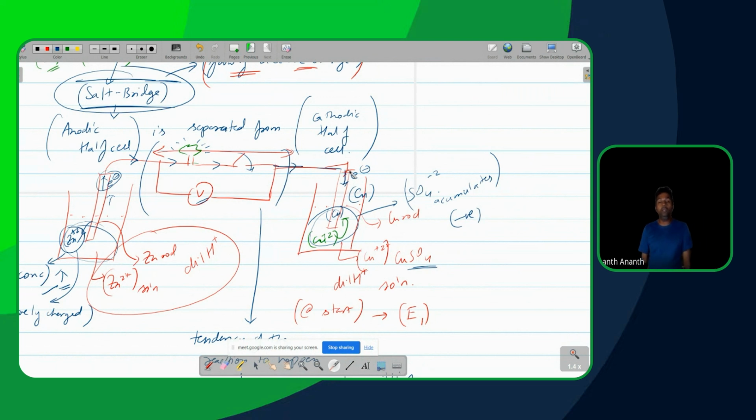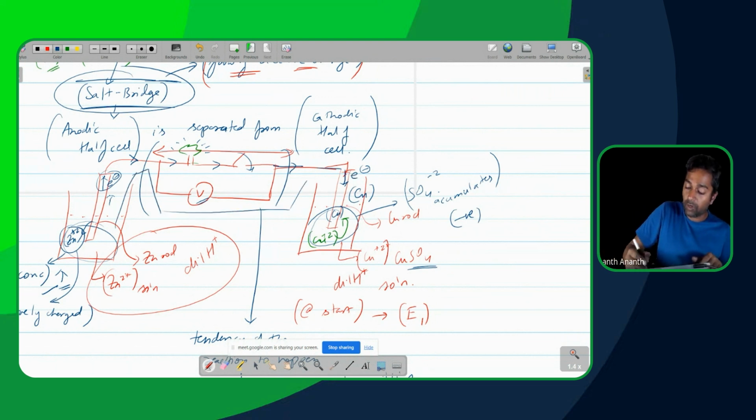So the voltage will drop very, very fast, and the cell will stop working very, very fast. So that is the reason why people have to use a salt bridge. You understand what's happening over here? Why a salt bridge is necessary?